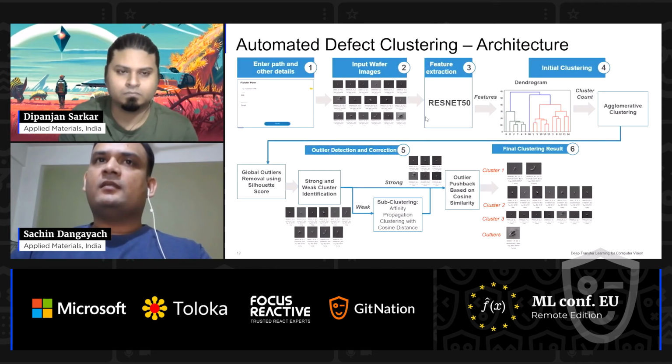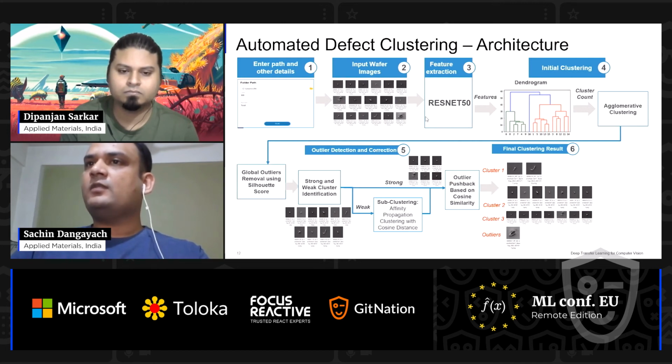Because of the lack of prior knowledge, we go to an unsupervised technique, where we have built an interface where a user can browse the location where all these defect images are stored. Once the images are fed to the system, we use the ResNet 50 model to extract the features. These feature vectors are then fed to various clustering algorithms to get a higher level of clustering, which is provided to the user to decide how many clusters they want.